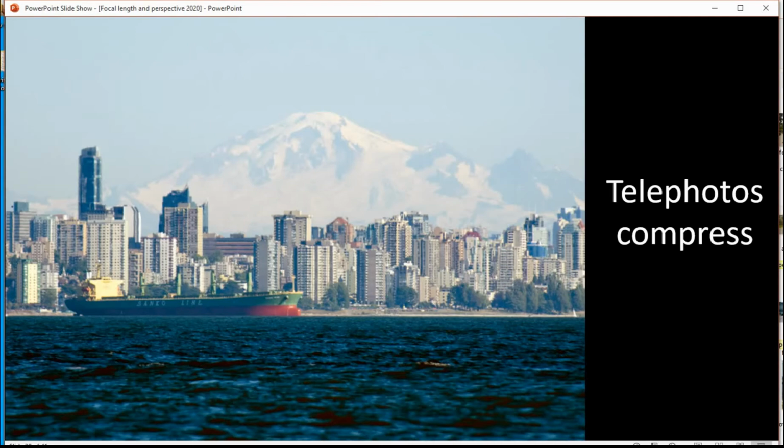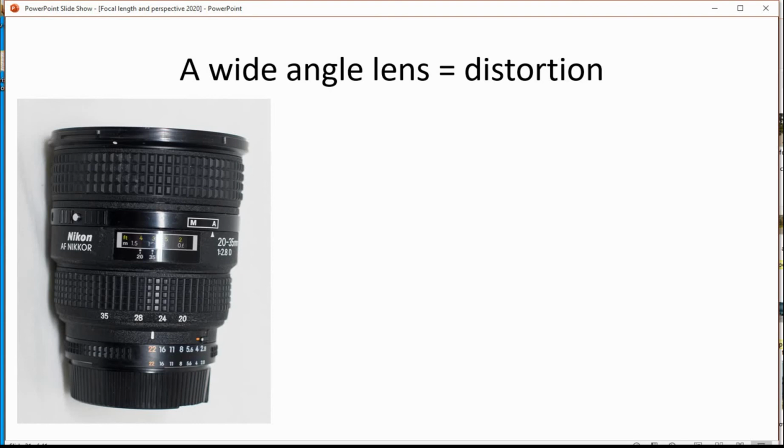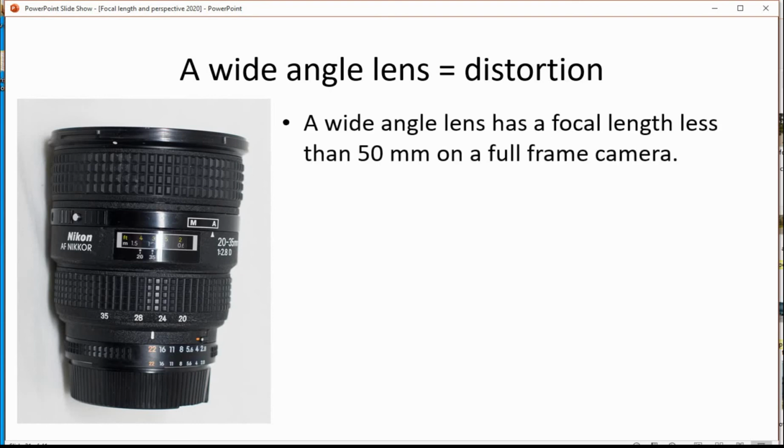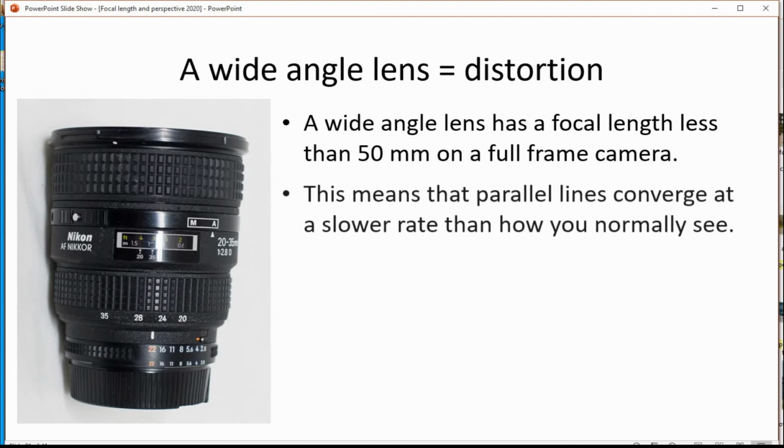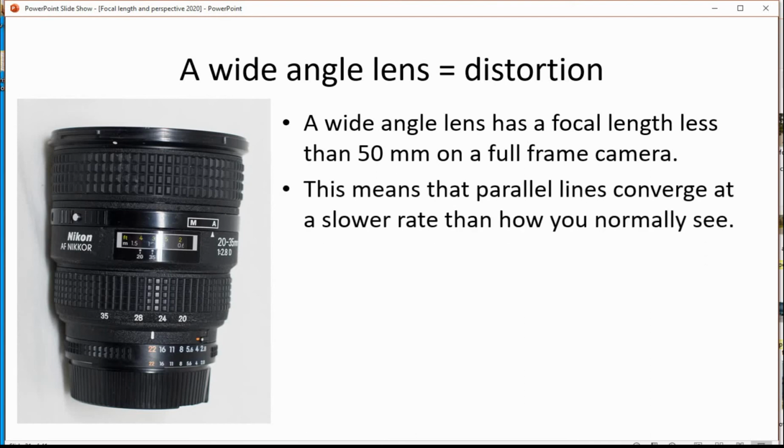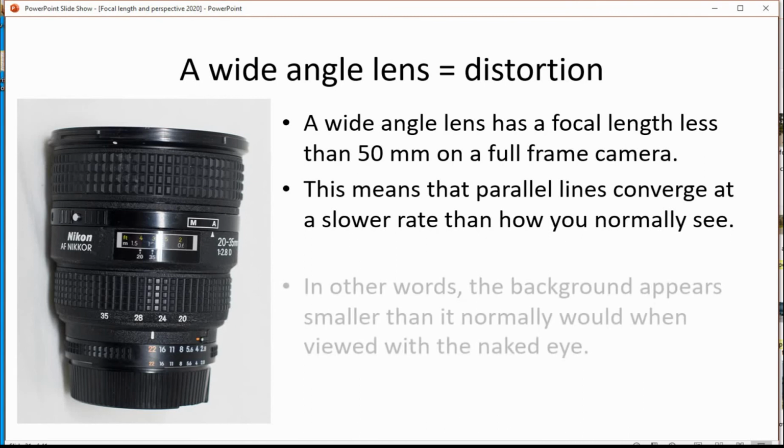So this is a photograph I took of Vancouver, and that's Mount Baker in the background. And I can assure you there are no mountains that close to Vancouver, certainly not from that direction. A wide-angle lens causes distortion. A wide-angle lens has a focal length less than 50mm on a full-frame camera. This means that parallel lines converge at a faster rate than what you would normally see.